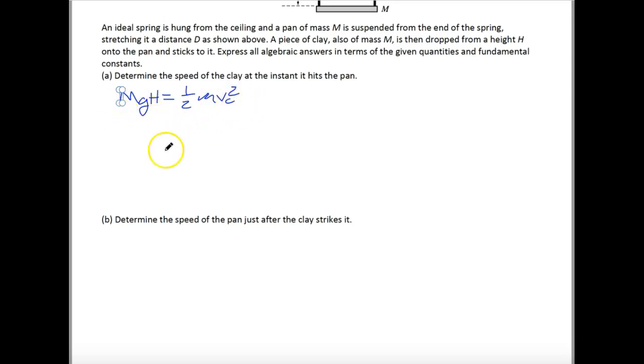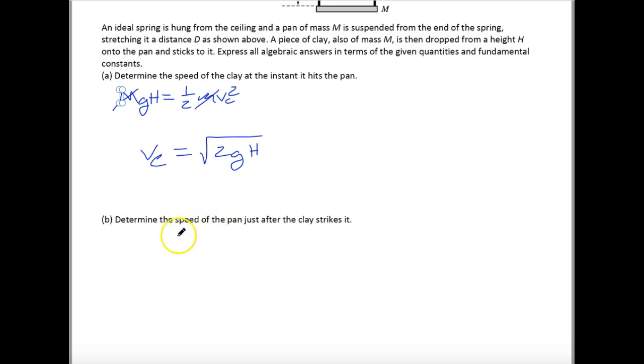So let's solve this for the speed of the clay. Notice that your masses will cross off on both sides because they are the same thing. And now we are left with the square root of 2 times g times the height. And that is it. That is where those 2 points come from.